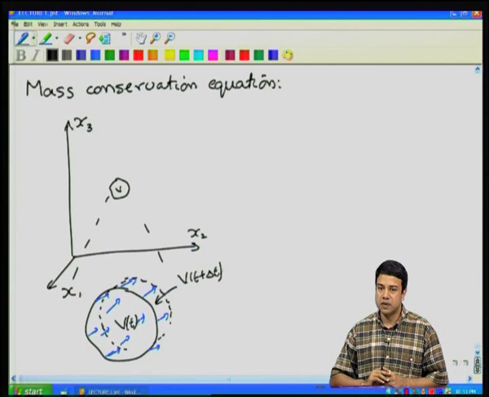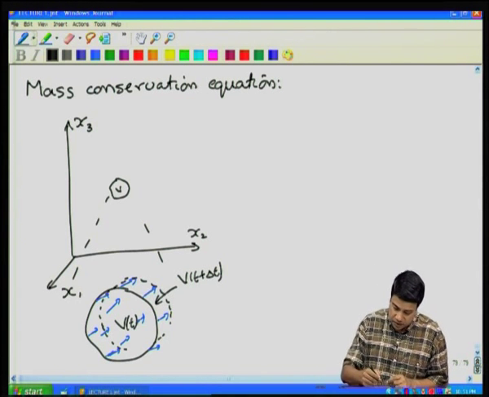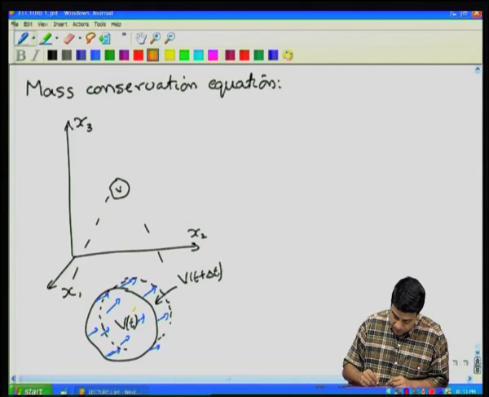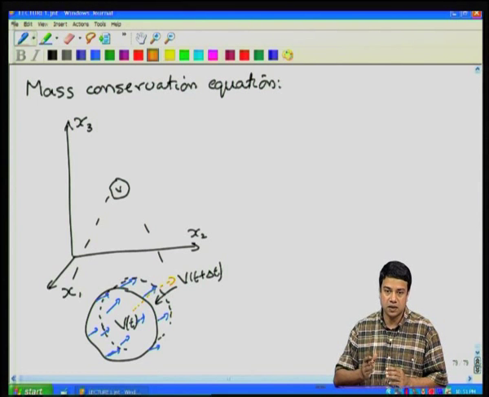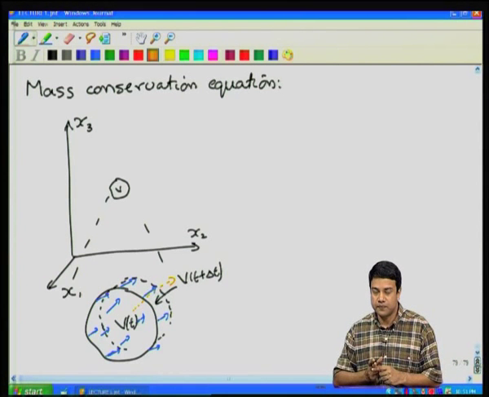That is because if a material element were to move from inside to outside this volume, it would have to cross the surface.